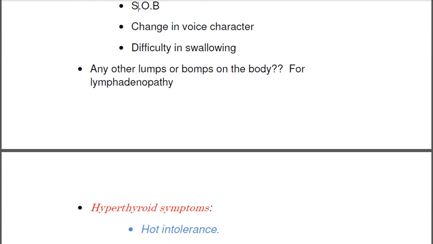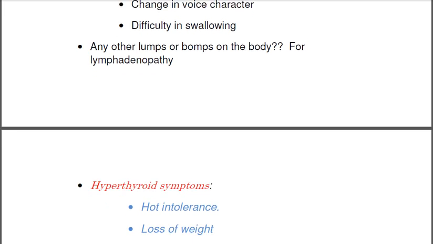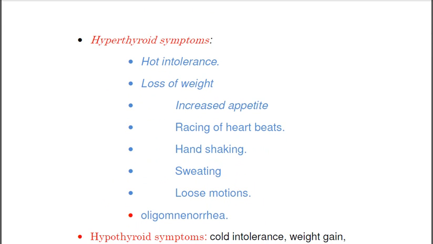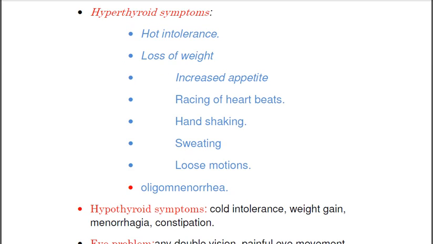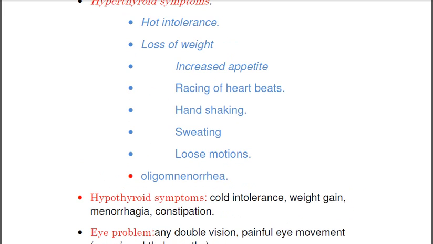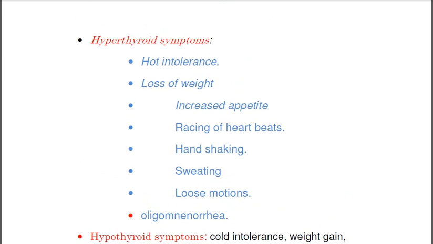Ask about any other lumps or bumps in the body to exclude generalized lymphadenopathy. Then ask about the systemic review of the patient, which includes hyperthyroid symptoms, hypothyroid symptoms, and eye symptoms. Why am I asking about hyperthyroid or hypothyroid?